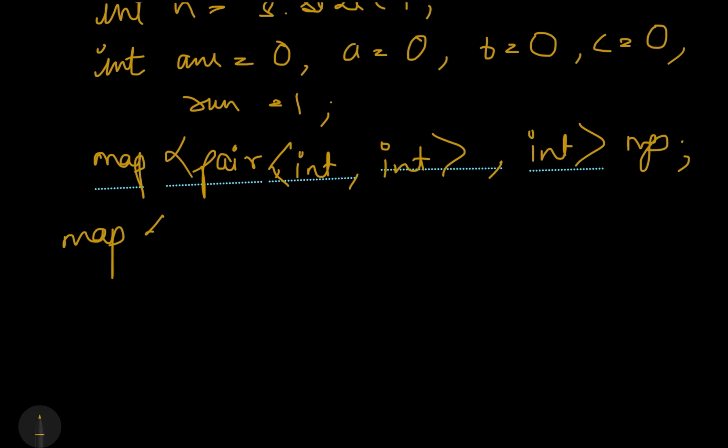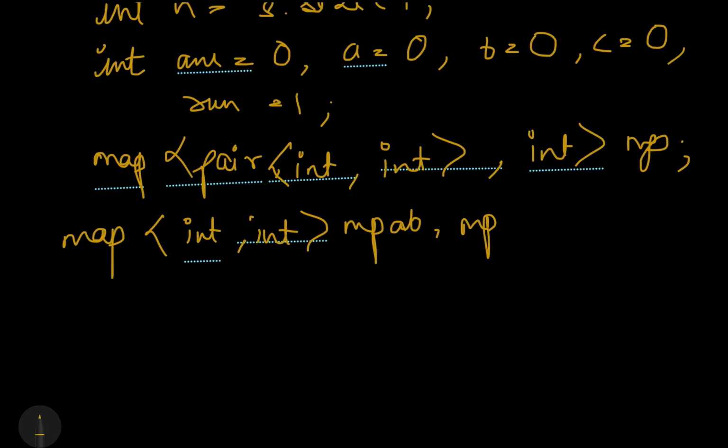Now for our two-character pairs we can also define maps, which are map of AB, map of AC, and map of BC.